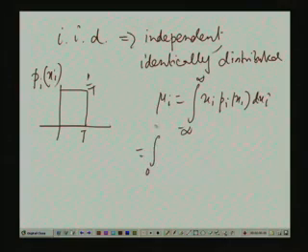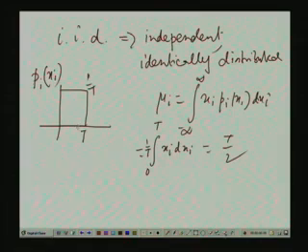We should integrate only from 0 to t, and probability density here is 1 by t. 1 by t can go out. And xi dxi gives xi square by 2, then t. So, basically t by 2. Obviously, just from this figure itself we can see that since the density is constant from 0 to t, the average will be t by 2. So, you get t by 2.